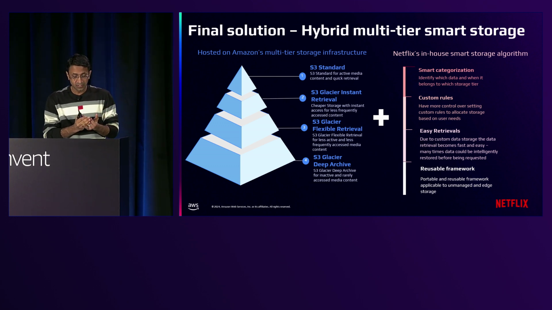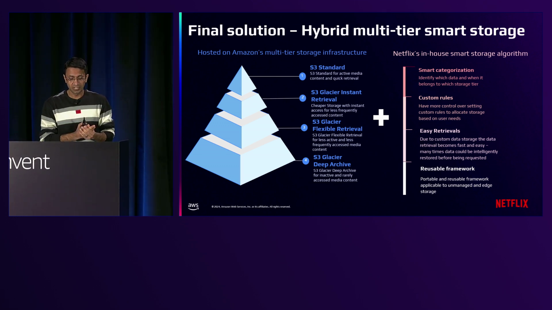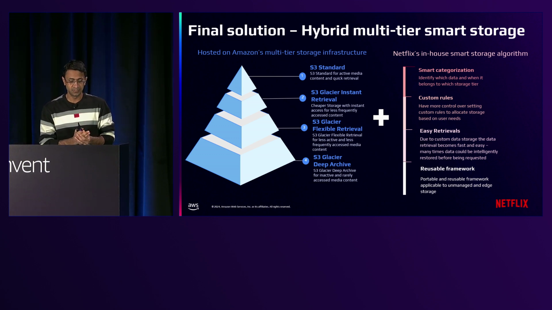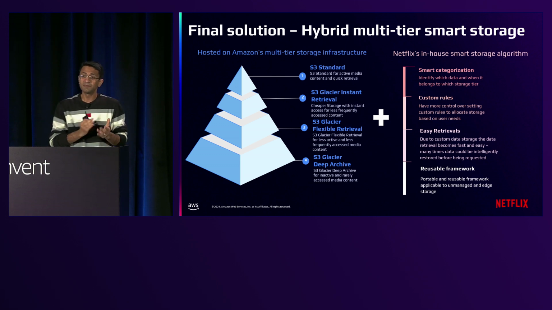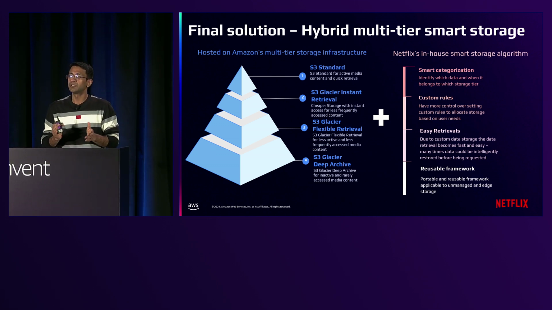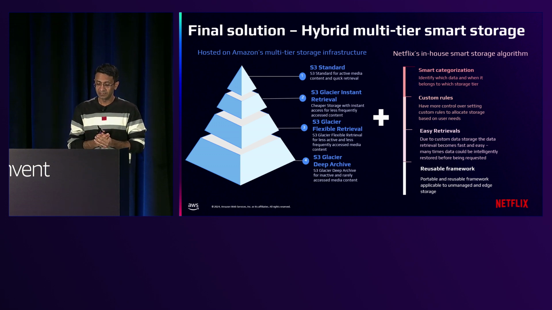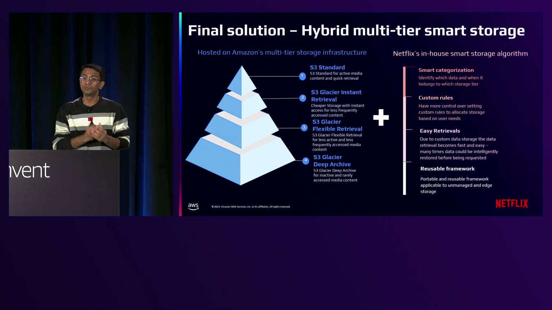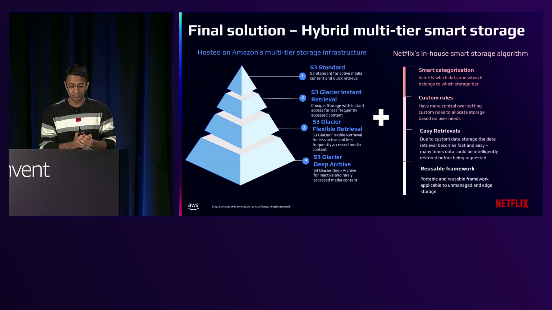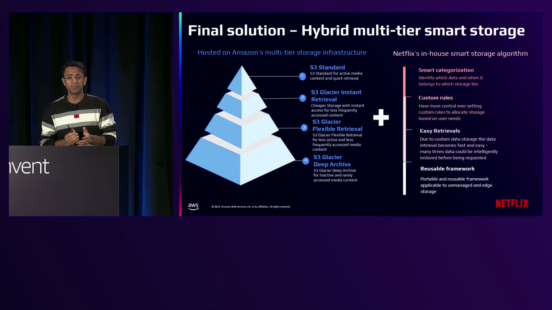Retrievals are easier since we can leverage business context to proactively restore data and save on wait times. Perhaps, and most importantly, we have designed this framework to be storage agnostic. While we have built it on top of S3, the same principles and processes can also be applied to on-premise solutions at the edge, giving us tremendous flexibility for the future.